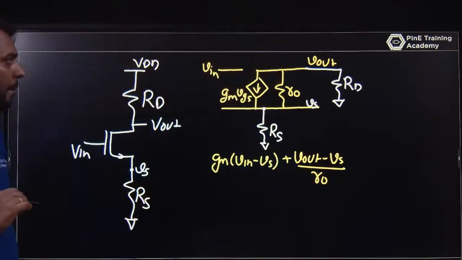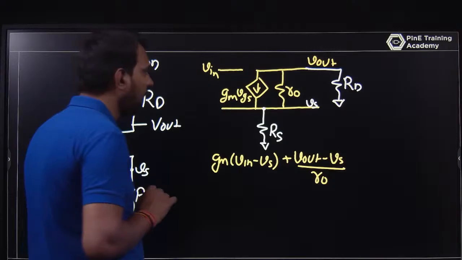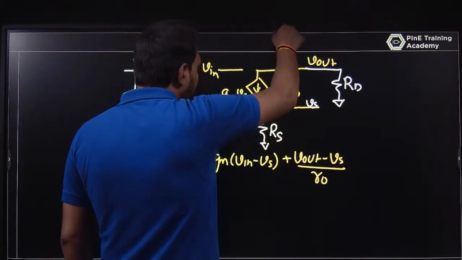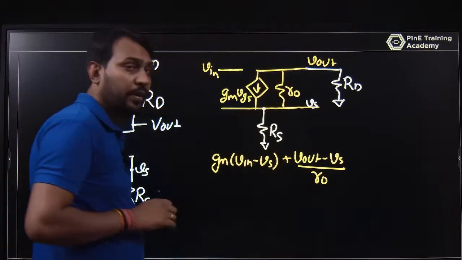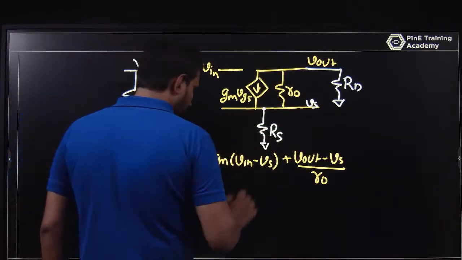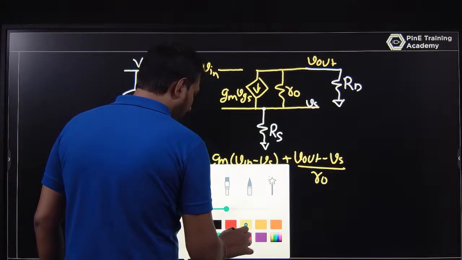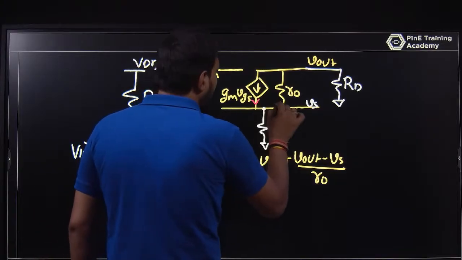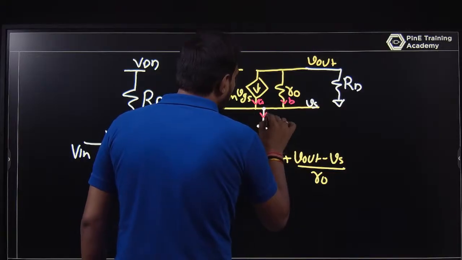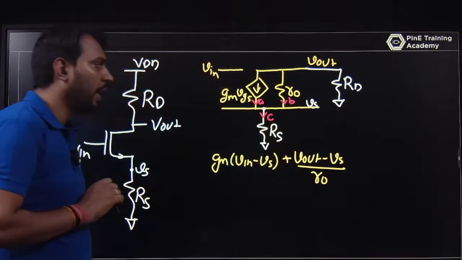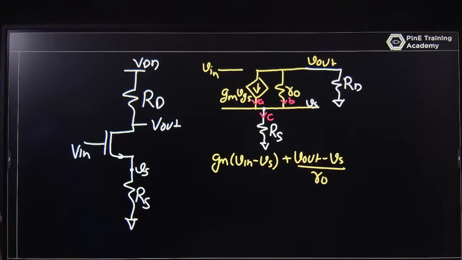This current is entering, this current is entering, and this current is leaving. Call them A, B, and C. The entering current is equal to the leaving current, A plus B is equal to C.